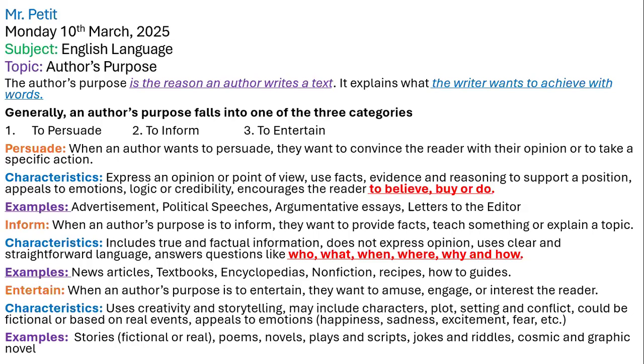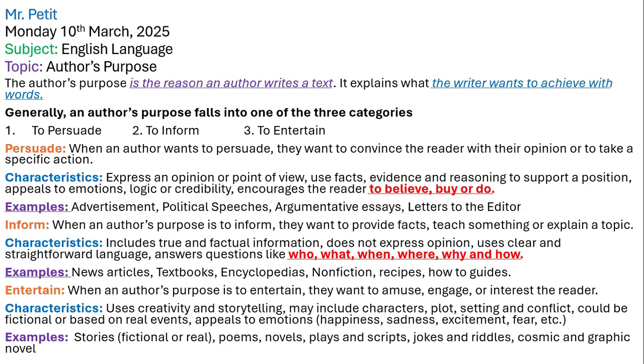Inform. When an author's purpose is to inform, they want to provide facts, teach something, or explain a topic. Characteristics: includes true and factual information, does not express opinion, uses clear and straightforward language, answers questions like who, what, when, where, why, and how. Examples: news articles, textbooks, encyclopedias, notifications, receipts, and how-to guides. Entertain.